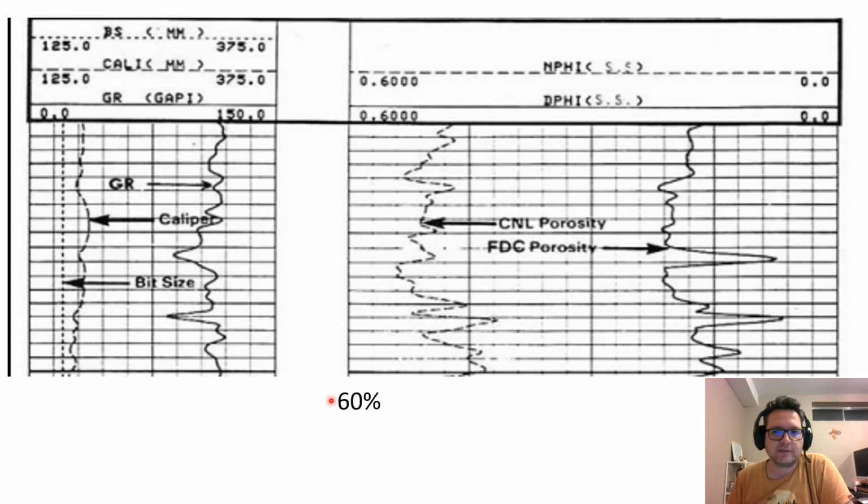In this case, we have 60 percent and 20 subdivisions, so each subdivision would be 3%. So going from 0, we have 3, 6, 9, 12, 15, and so on. So same thing, do an average of the line inside your interval of interest and read that average, and that's your porosity.